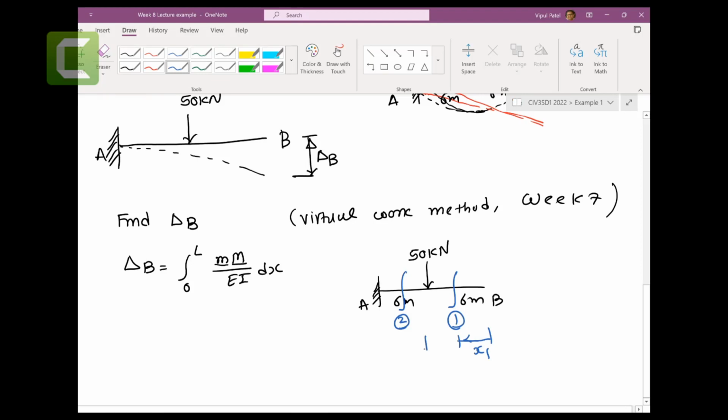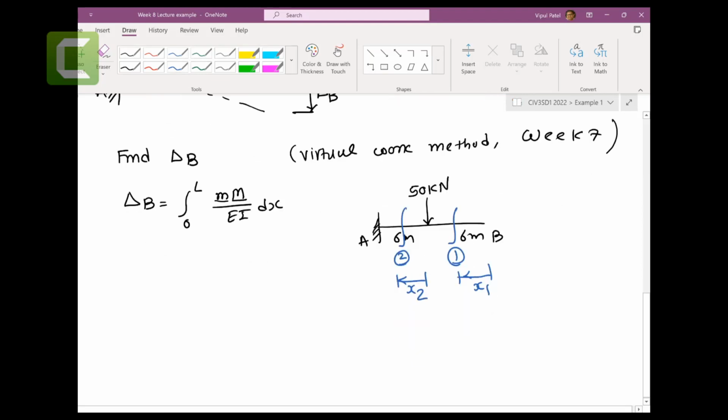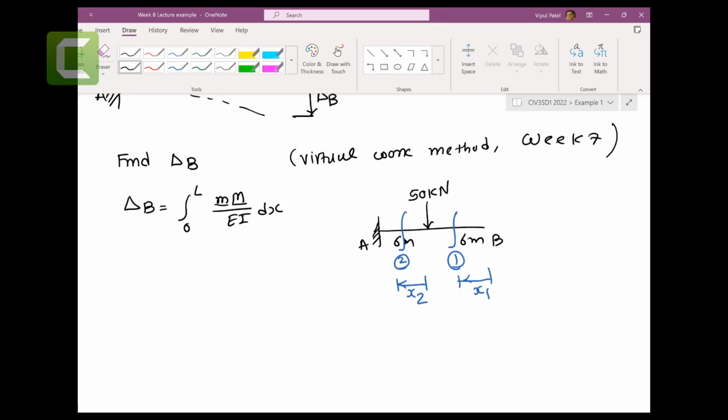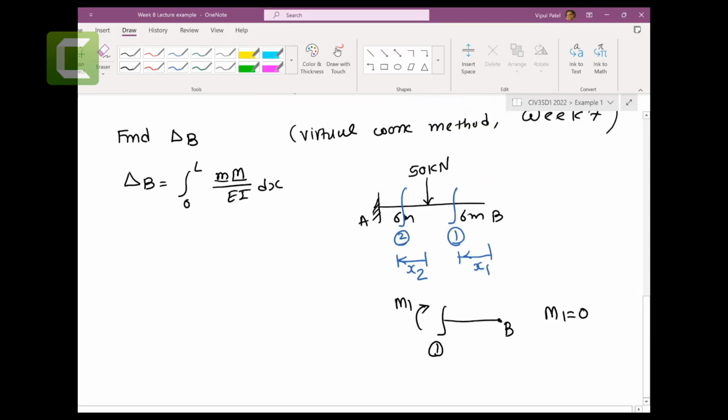Let's say this is X1, and let's say this is X2. So, first one: if I take the first cut at point B, cut number 1, capital M1, that would be 0. If I take a second one, at point B, 50 kilonewtons, and that is 6 meters.